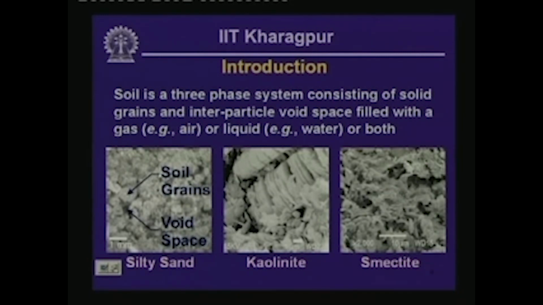Okay, soil is essentially a three-phase system consisting of solid grains and interparticle void space, and this void space could be either filled with gas such as air, or it could be filled by liquid such as water, or there could be a situation in which the interparticulate void space is partially filled with gas and partially filled with liquid.